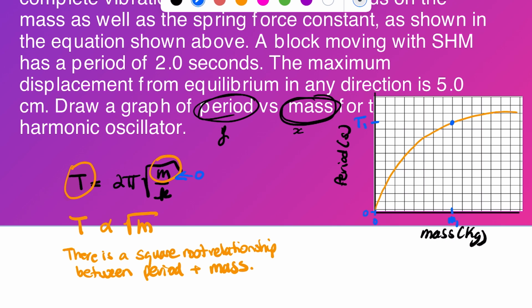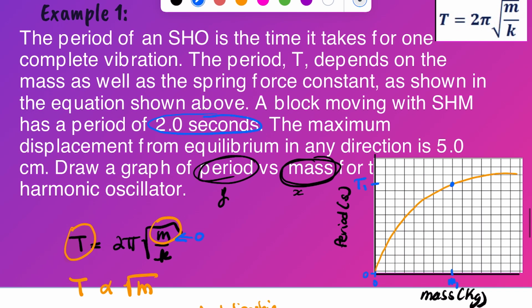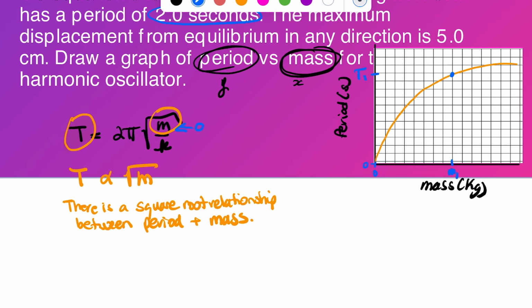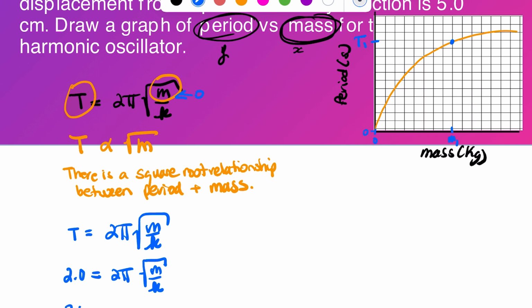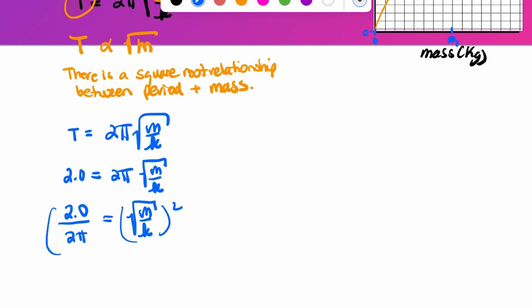But in this particular problem, they give you one of the periods. And they don't tell you the spring force constant. So how you can do it also, by the way, is you could take the equation and say that 2.0 is the period. You can rearrange this, and I'm going to square both sides.